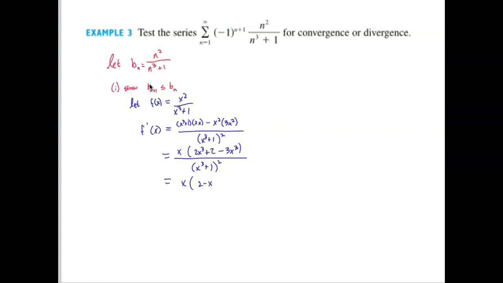So that's 2 minus x cubed over x cubed plus 1 squared. All right, so we're going to set this equal to 0 and solve, because what we want to know is where the derivative is positive or negative. I can just multiply out the denominator, that's gone, and I'm left with x times 2 minus x cubed equals 0. So that gets me x equals 0, or the cube root of 2.